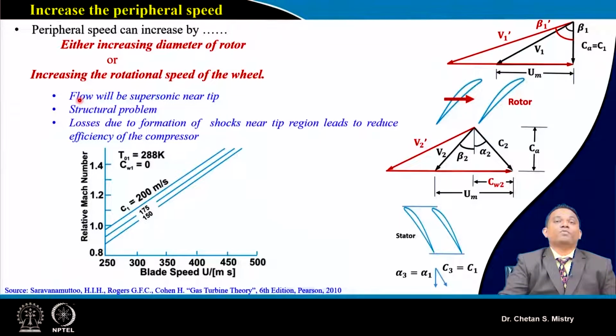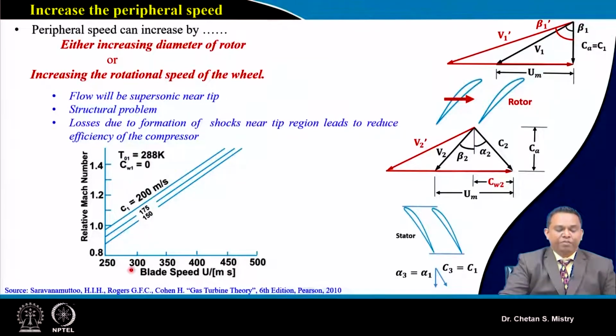Suppose there is a formation of shock, why don't we think of opting for the benefit that we are getting from the shocks? And that has given a new innovative idea for the development of transonic compressors. Here in this case, this is a representation.